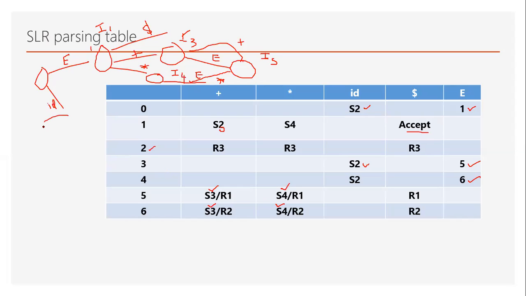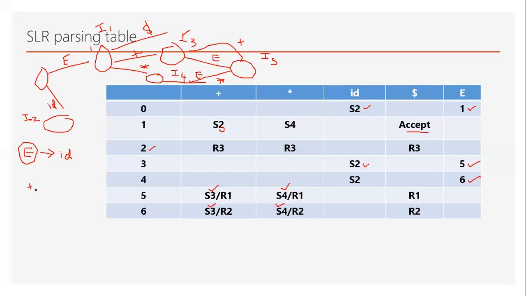If you observe, dot is at the end on I2 state. Is it not? What is I2 production? I2 production is E derives ID dot. What you have to do? You have to find follow of that head. What is the follow of E? Follow of E is plus star dollar.